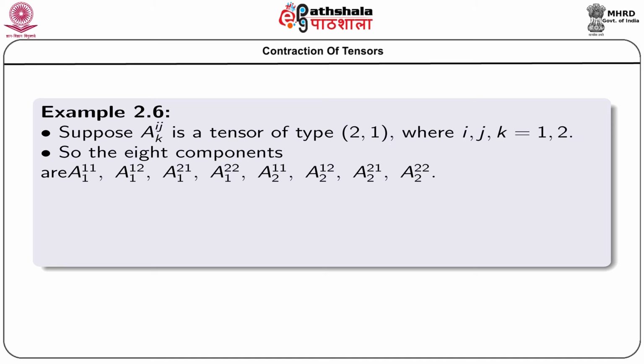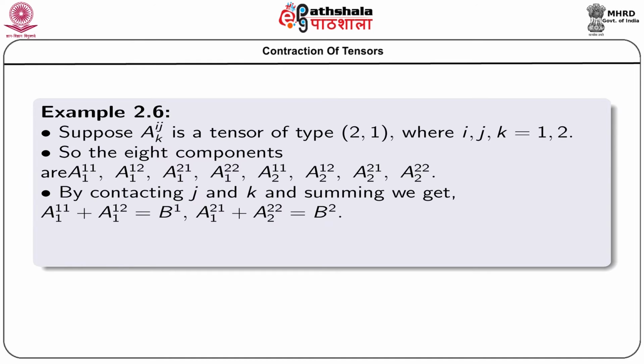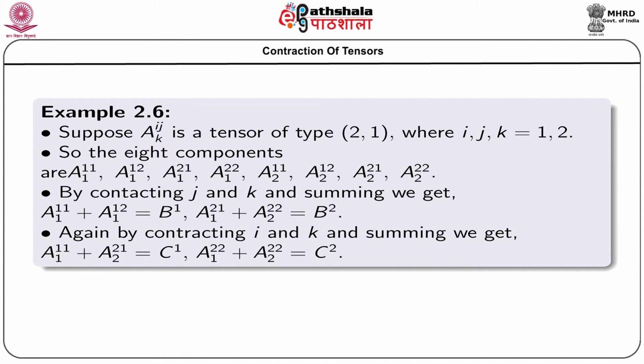Now, if I take the contraction by contracting j and k and summing, we are taking j and k equal, so we get 2 components A111 plus A121, that we denote by B1, and A211 plus A222, that we denote by B2. And here we can make another contraction, that is I equal to k.